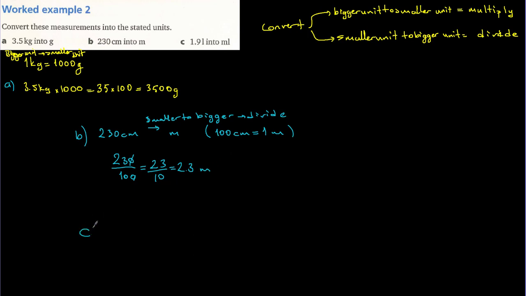The last one, 1.9 liters to milliliters. So here, 1 liter is equal to 1000 milliliters.